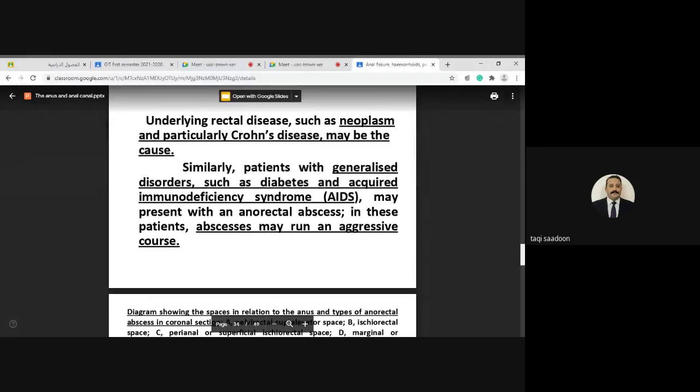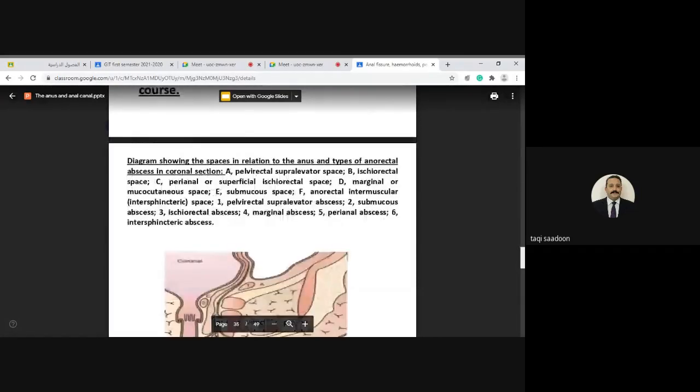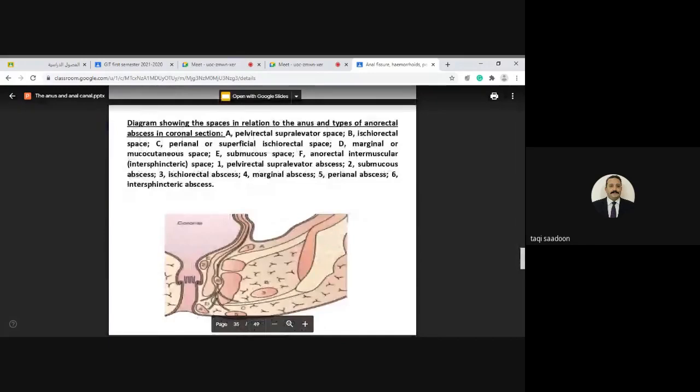Then perianal abscess may be due to Crohn's disease also. Also, perianal abscess can occur in immunocompromised patients, in diabetic patients, or patients with AIDS, acquired immunodeficiency syndrome. And in this condition, the abscess may have an aggressive course. These are the anatomical spaces. We have pelvirectal, supralevator space, ischiorectal.